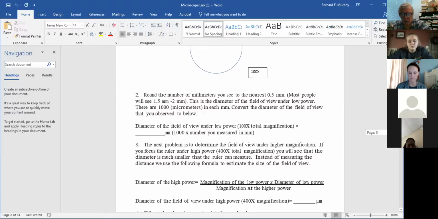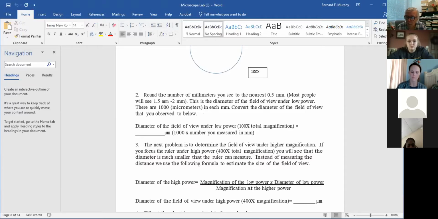And so here's how you convert millimeters to micrometers. Since there's 1,000 micrometers in every millimeter, if the diameter of the field of view with the low power objective is 2 millimeters, it's 2,000 micrometers, right?